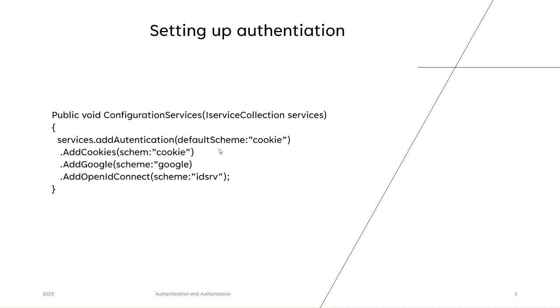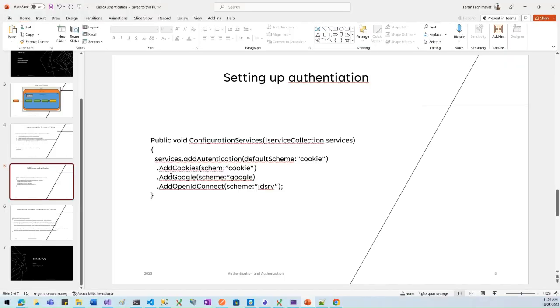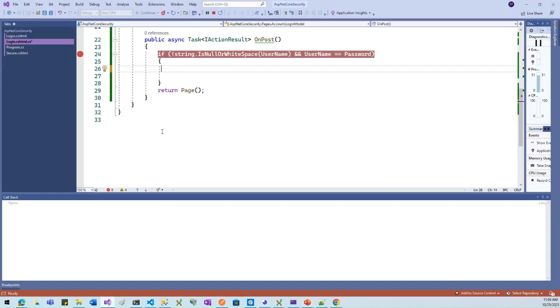So we have this add authentication service, and it comes with different convenient extension methods to add different types of authentication and configure them. So let's go back to our application.